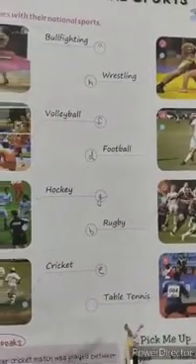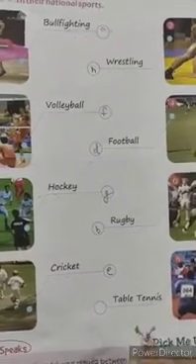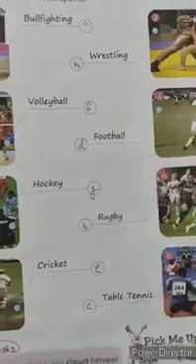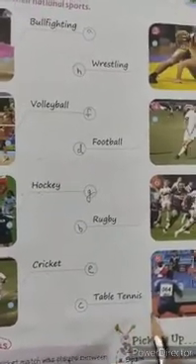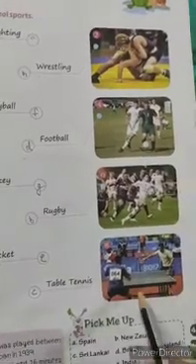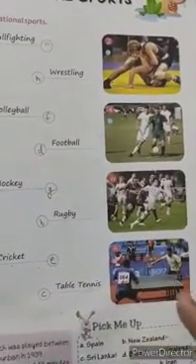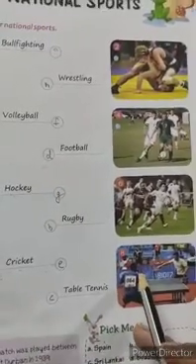Now, another is table tennis. Table tennis is the national sport of Sri Lanka. So we will write over here C, Sri Lanka. Now, how is table tennis played? This game is also known as ping pong and whiff waff. These are the other names of table tennis.